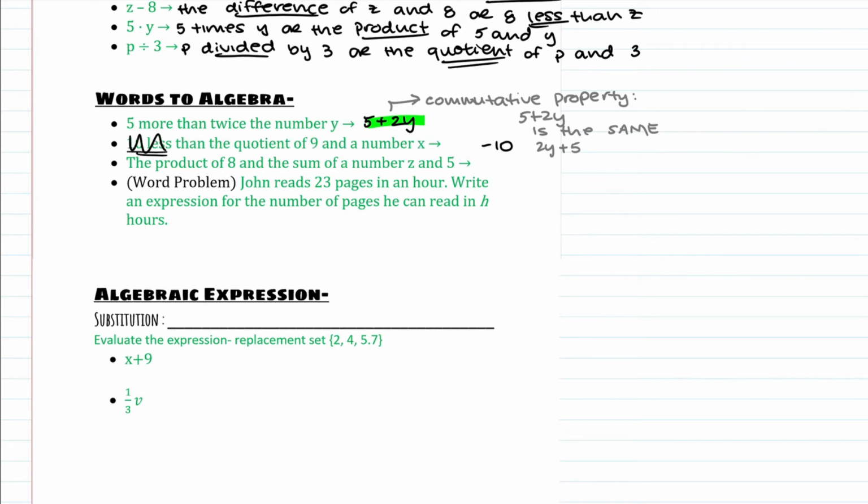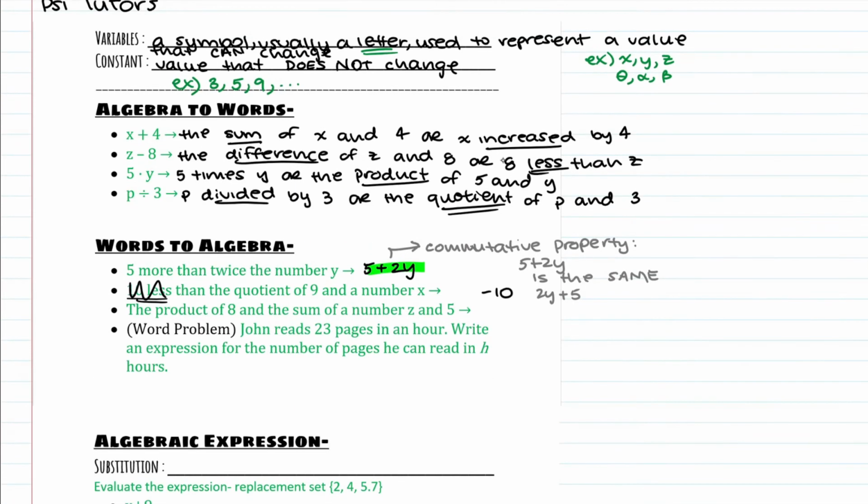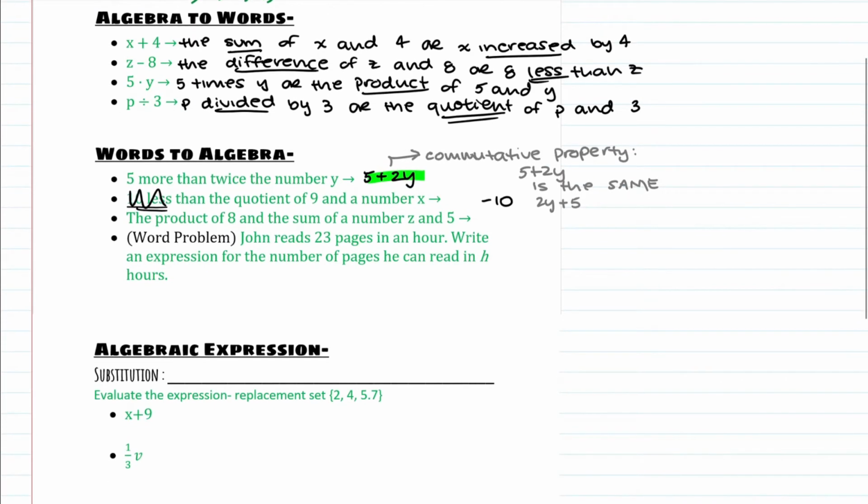Now let's cross that out for a second and let's focus on the quotient of 9 and a number x. So, quotient. Let's come back to here. What did we say? The quotient is division, right? That's another way of saying that you're going to be dividing something to something.